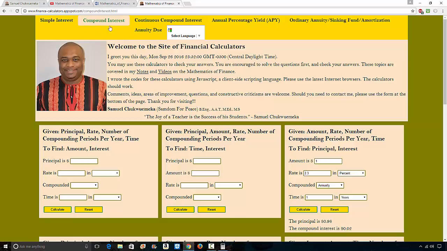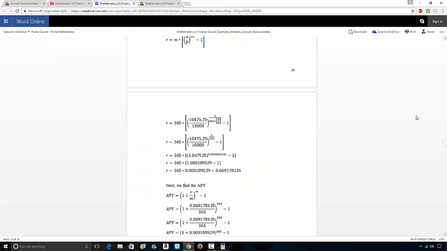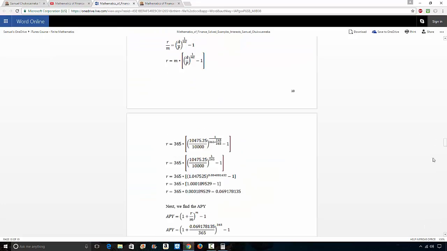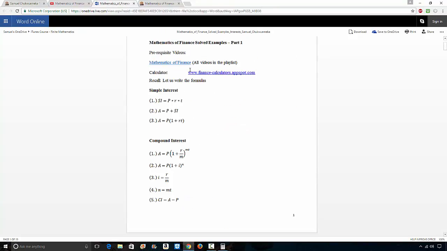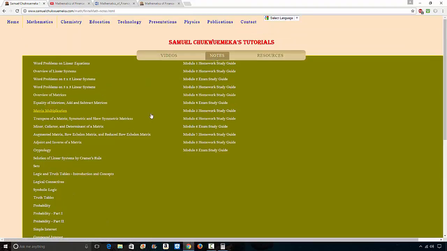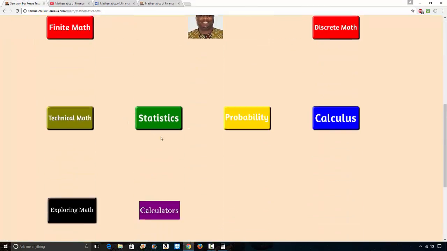Another way you can find this web app, like I said, if you go to the notes here, it is www.finance-calculators.appspot.com, or you can go to my website, and if you click on the mathematics page, you can click on calculators.